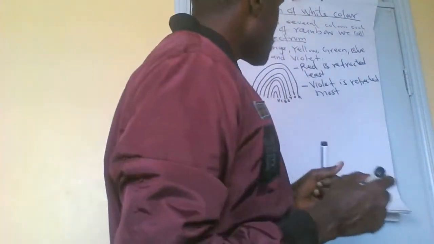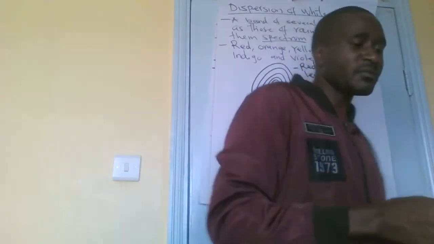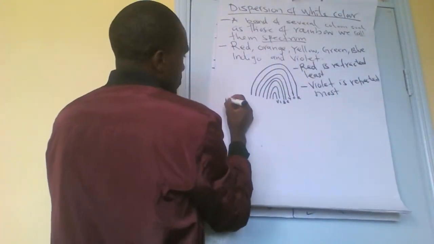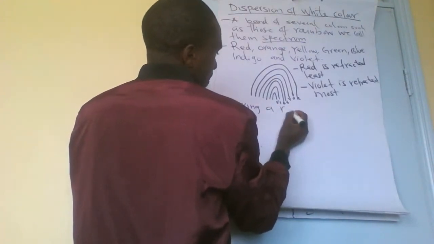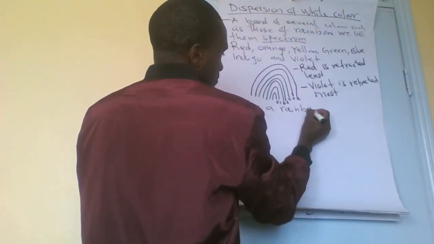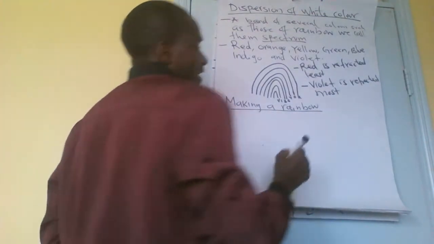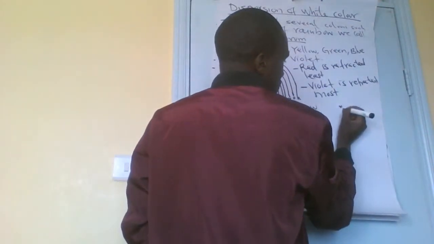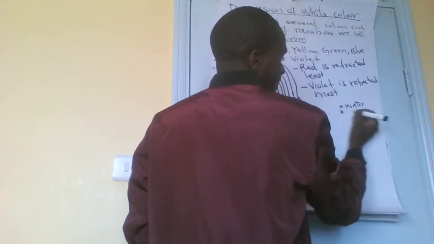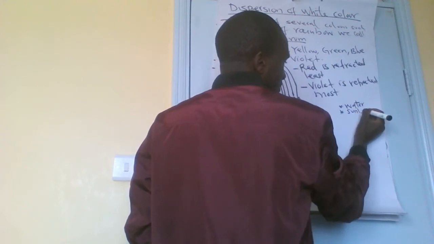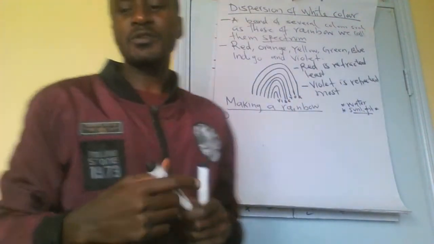So I want you also to discover several ways how a rainbow can be formed. How can you make a rainbow? Remember two things which we said must be there: there must be water and there must be sunlight. This sunlight is very important.